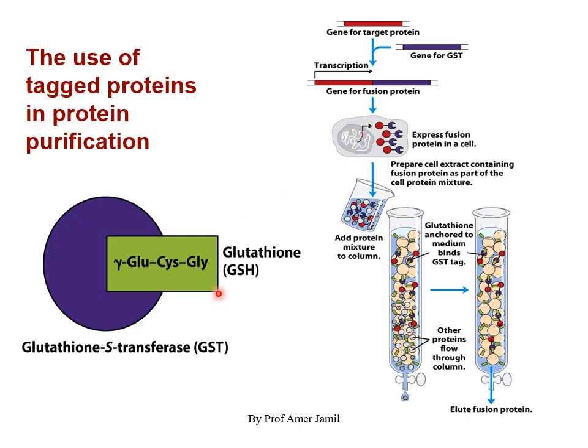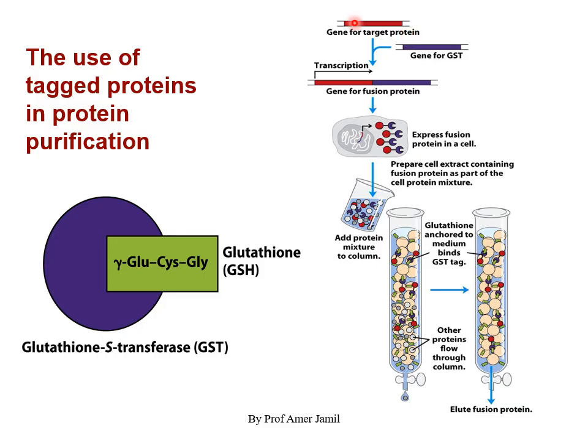Here you need a specific compound, like in this case glutathione S transferase, which is the enzyme that acts on glutathione. So this is called the GST tag. This part of the gene, glutathione S transferase, is present in the vector right next to our gene of interest.